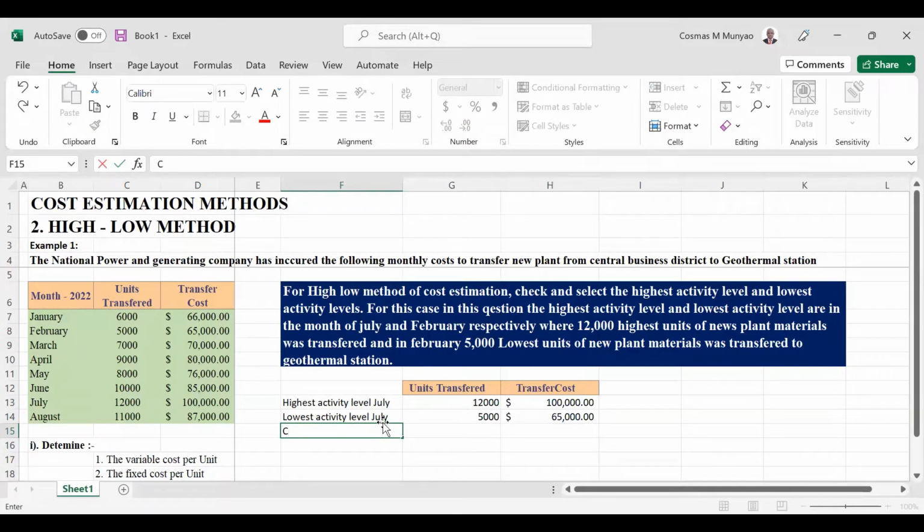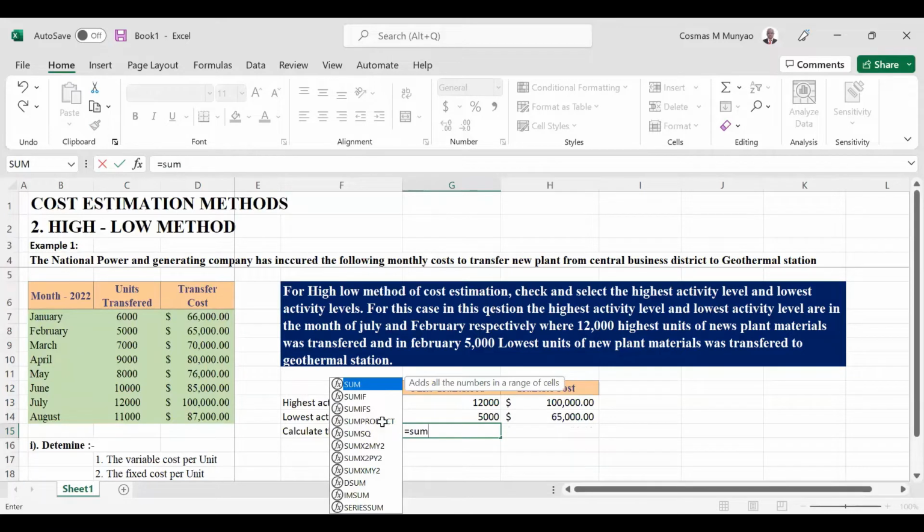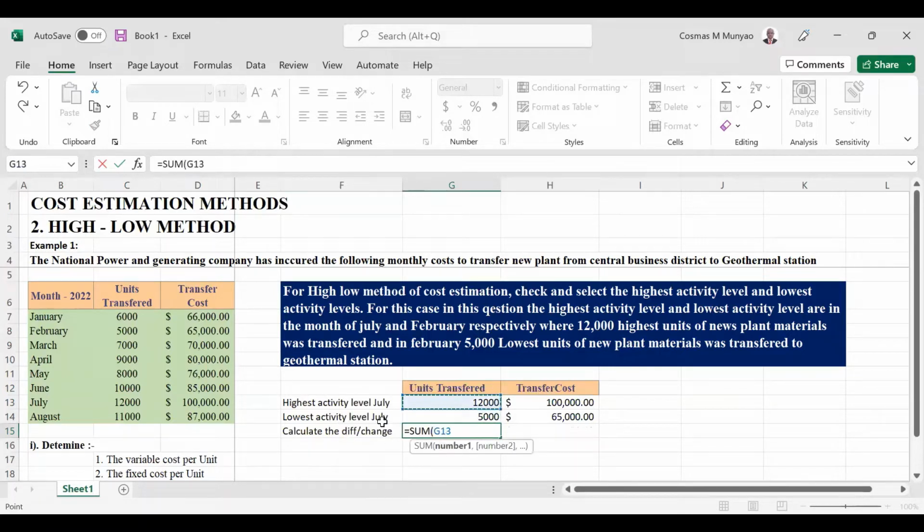So then calculate the difference, or the change. What was the change between the highest level and the lowest level? It equals the sum of this, comma, minus this.